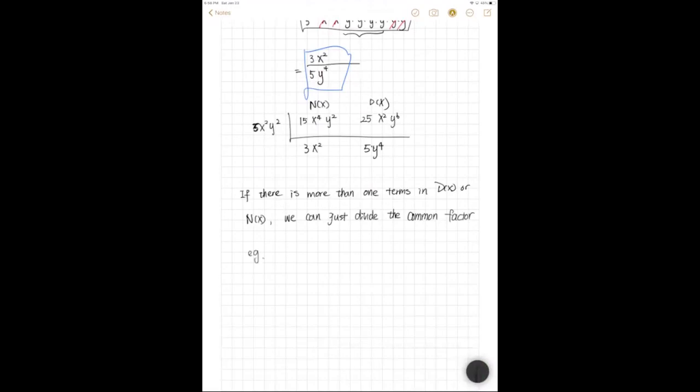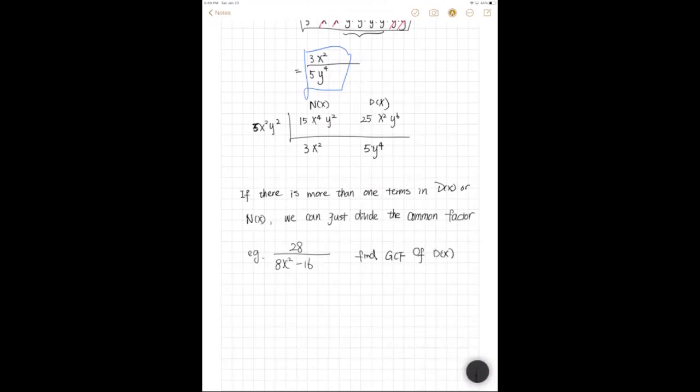Okay, so for example, I have 28 over 8x squared minus 16. So now we want to find the greatest common factor of the denominator first, since the denominator has 2 terms.